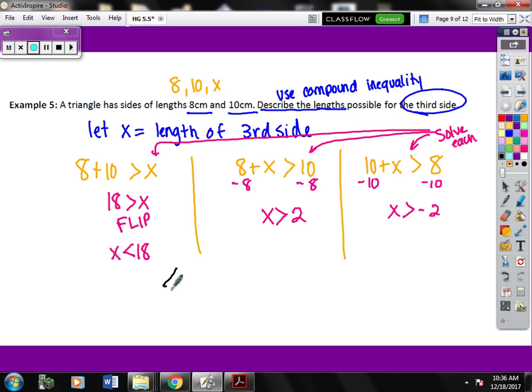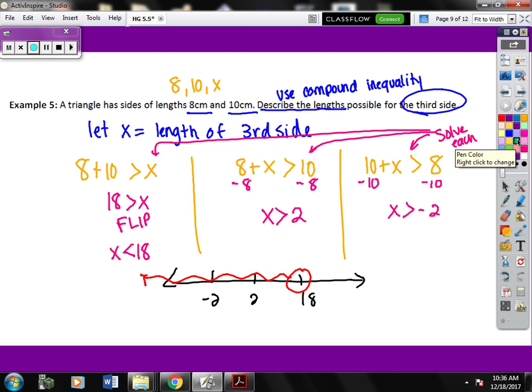So if you think about graphing all of these on a number line, we want all of these things to happen at the same time, like an and compound inequality, so we want where they overlap. So if I were to graph x is less than 18, and x is greater than 2, and x is greater than negative 2, you would be picking the portion of the graph where all three colors touch, where red, green, and yellow all touch, which happened between here.